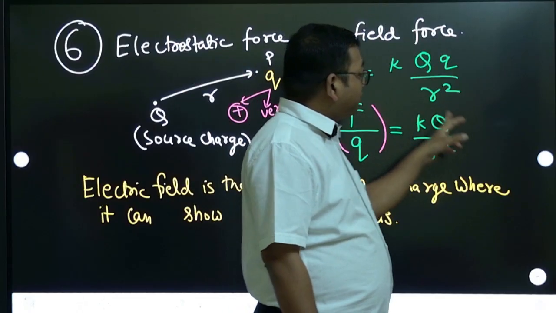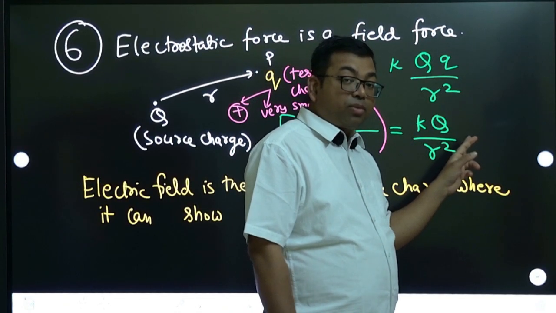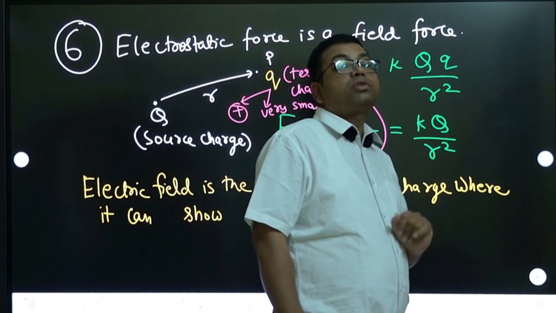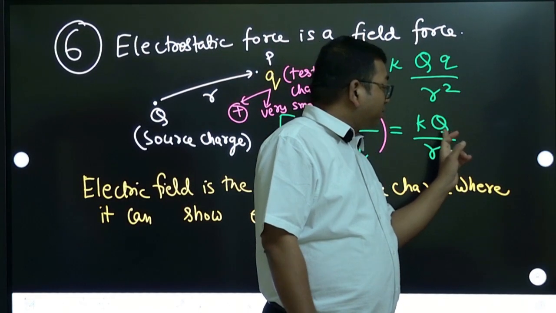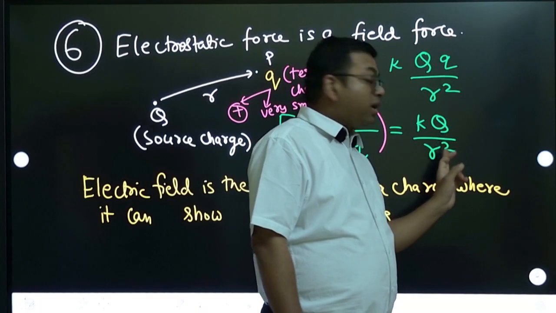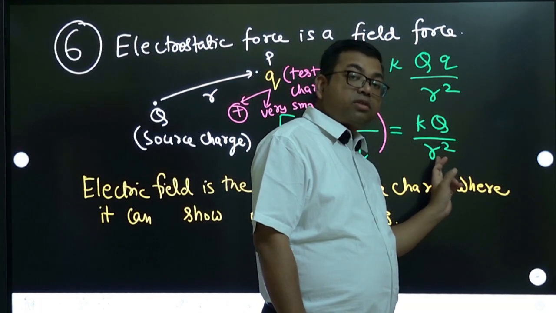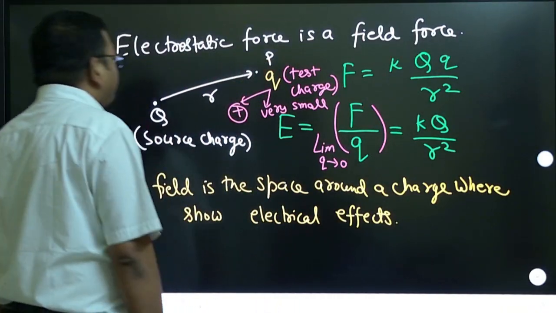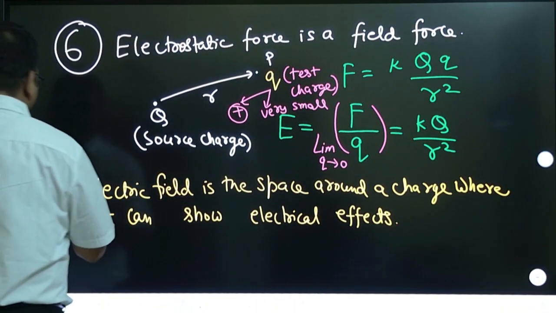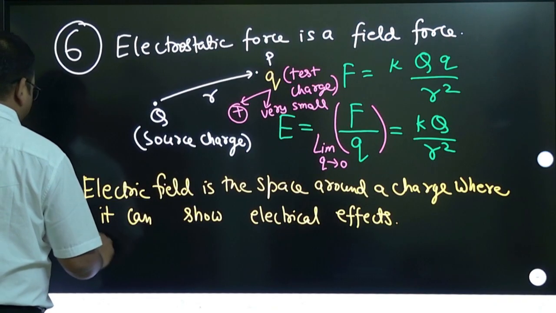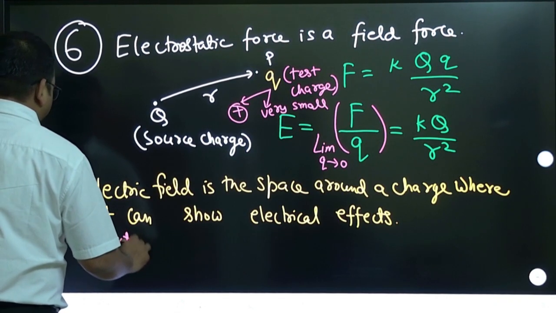The field due to the source charge at a given point depends only on the source charge properties, that is, the charge of the source and its distance from that point. So this field represents the property of the source charge. Electric field.